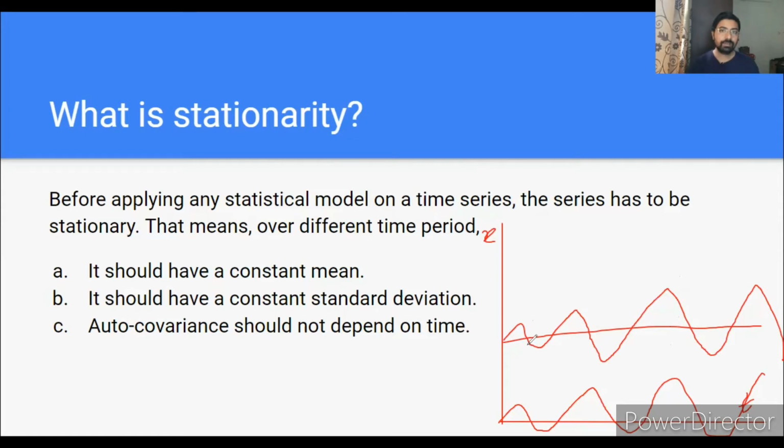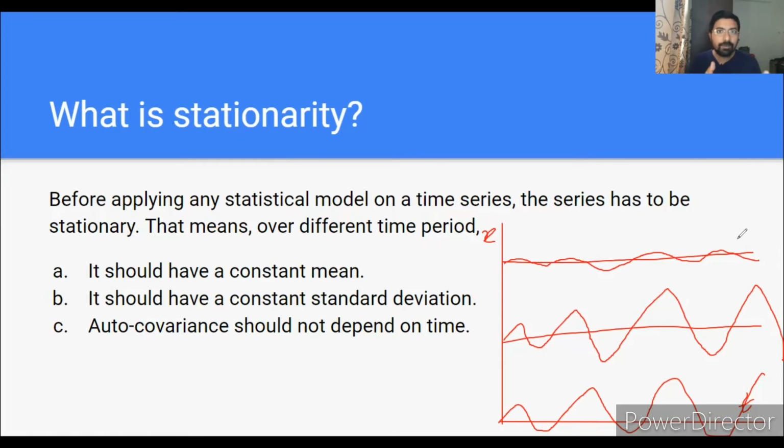There, you are removing the seasonality as well, so the variance is very low. When you see this kind of plot in your time series data after the data transformation, you can say that this is the ideal data, fit enough to apply any statistical model like ARIMA. This is where you can achieve stationarity.